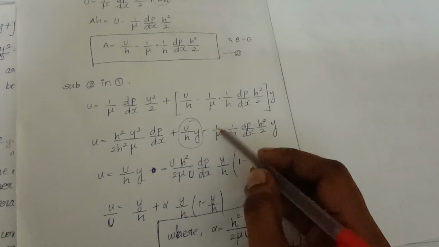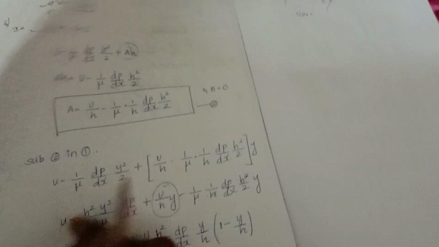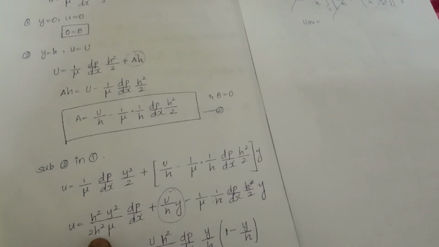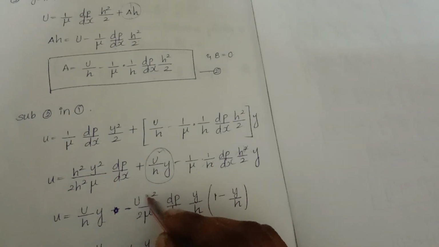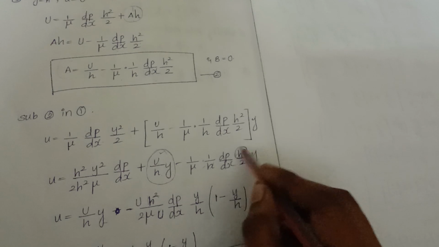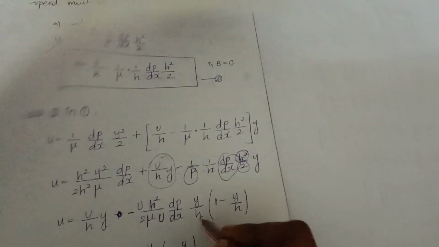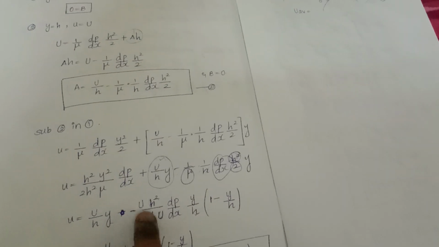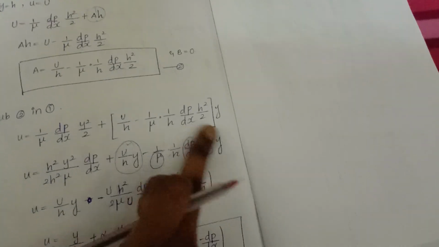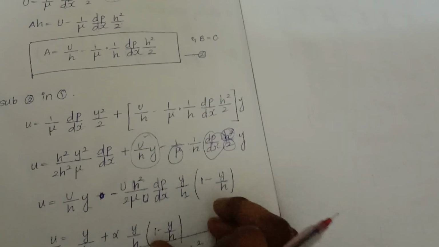If we take this as the first term, U by h y, minus this term, here we have to multiply and divide by h square, and take h square by 2 mu dp by dx, y by h common. Taking minus of all this, we get 1 minus y by h.